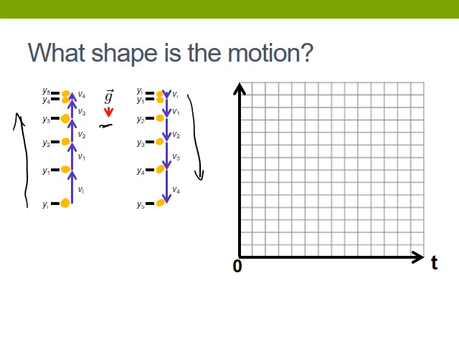So when you're in free fall, we can ask the question, what would the shape of this motion look like on a graph? If we were to plot position of our object on a graph as it goes up, we would get a shape that looks something like that, where the motion is slowly going up until it reaches its highest point right there.